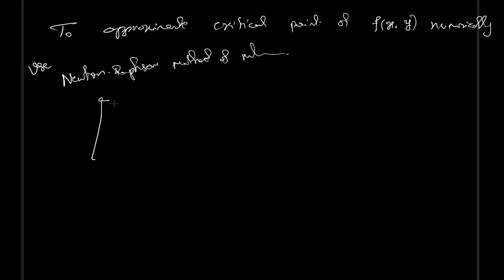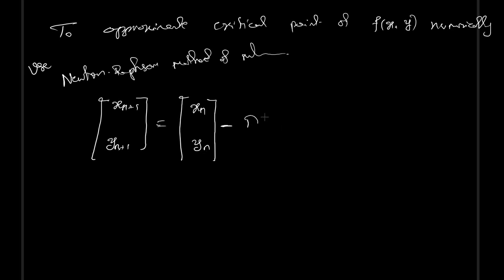What is the formula? x n plus 1 and y n plus 1 equals, initially you write xn and yn, minus the inverse of the derivative of fx, fy. The derivative is given by the Jacobian, so its inverse multiplied with f, which is nothing but fx and fy.